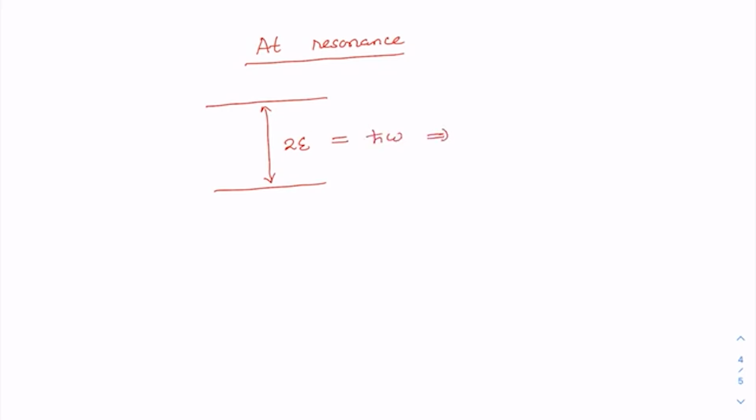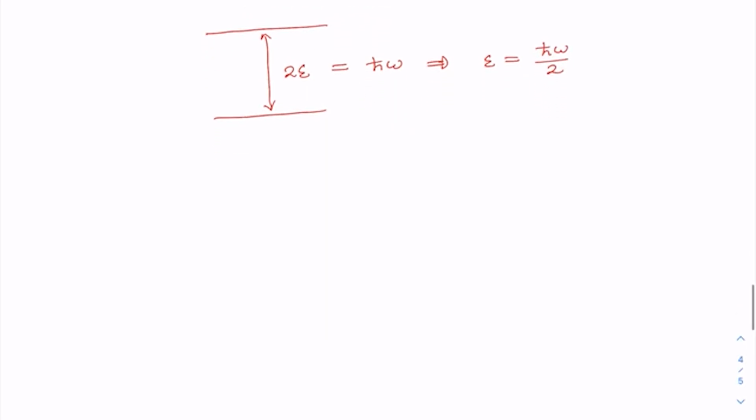Now let us analyze the problem further and see what happens at resonance. At resonance, the energy gap between the energy levels, which is twice epsilon, becomes equal to h cross omega, or in other words, when epsilon is equal to h cross omega by 2, we have the condition of resonance. And at resonance, this epsilon tilde vector would have only the x component: h cross capital omega by 2.